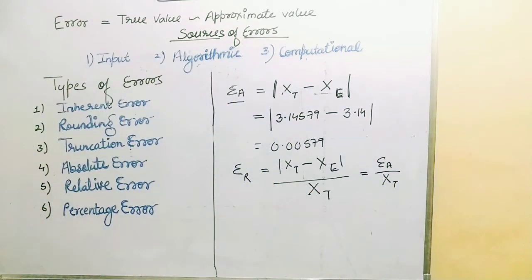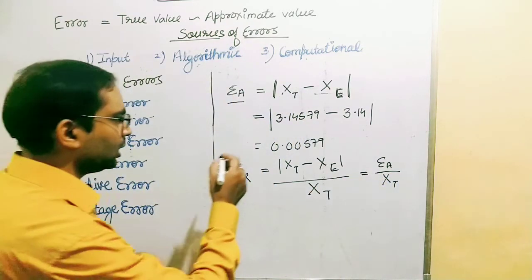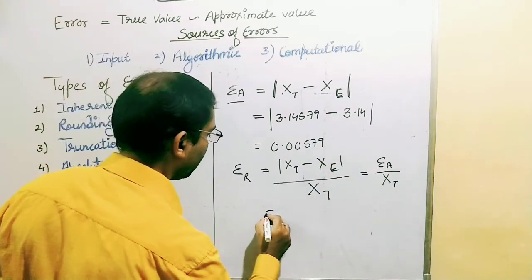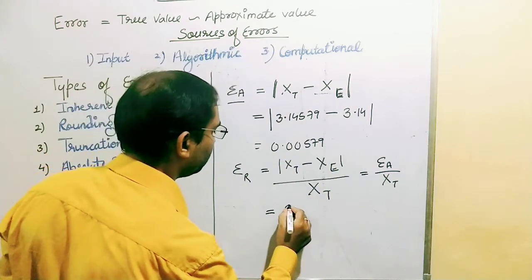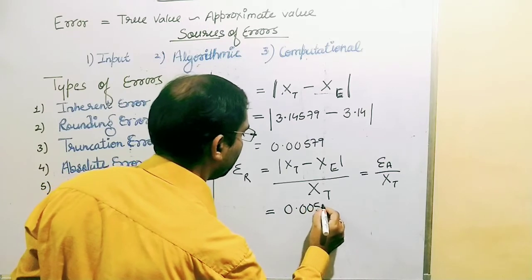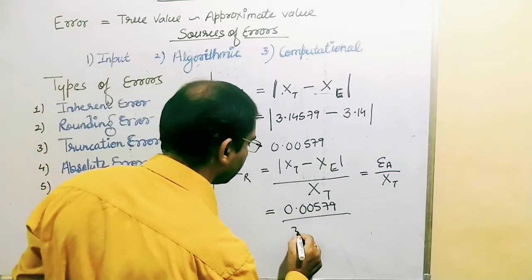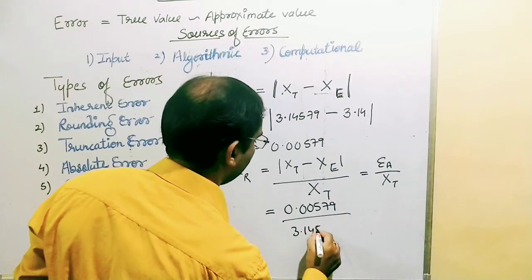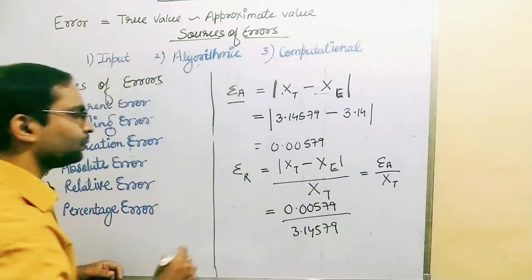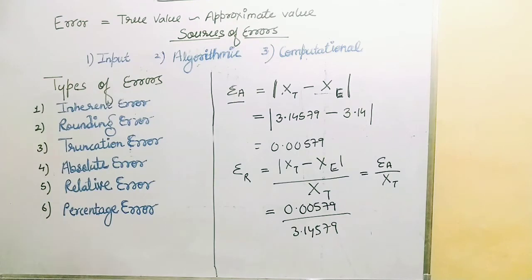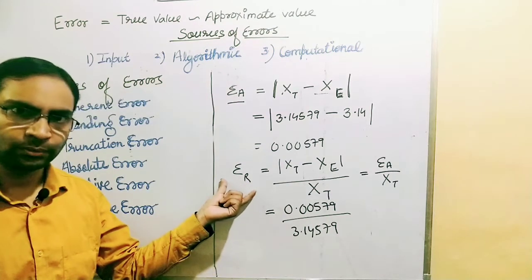This will be known as the relative error. So in the same example, if you would like to find the relative error, this will be 0.00579 whole divided by the actual value, that is 3.14579. So this is the relative error. This way we can obtain the relative error of any computation.